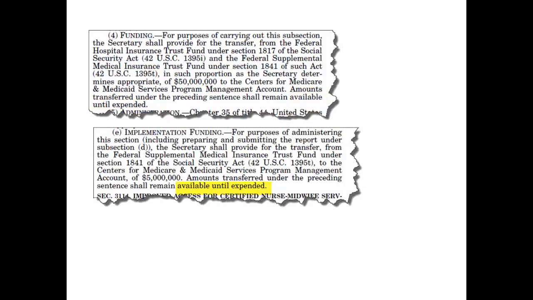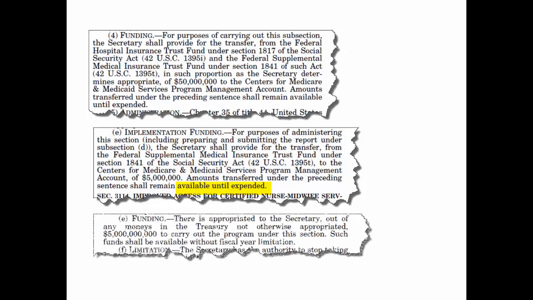And here we see the phrase "available until expended" in the sentence following the $5 million appropriation from the SMI Trust Fund. In this example, we see "available without fiscal year limitation" in the sentence immediately following the $5 billion appropriation. These are examples where it's very easy to determine no-year period of availability. But there are other ways no-year availability is provided that require the reader to pay a bit more attention.